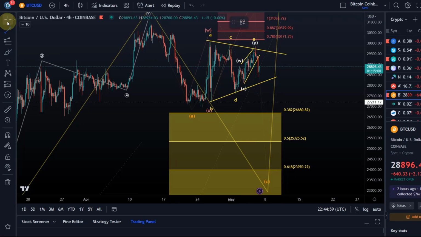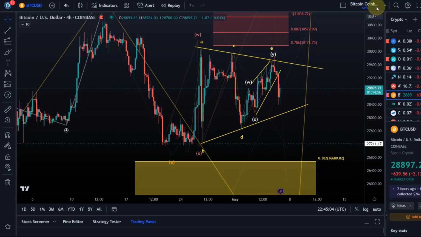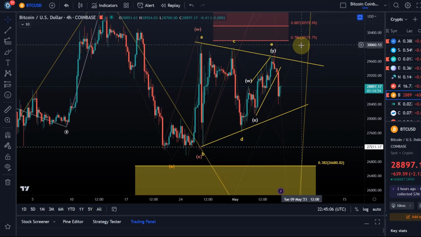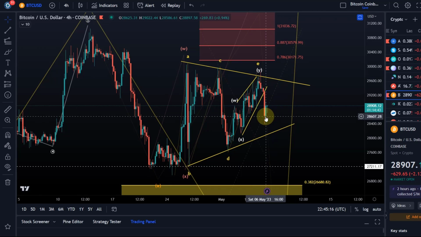But it's nothing new. We've been talking about that for more than a week now, and so far it has guided as well. The triangle is not invalidated or anything. It reacted very nicely to the trend line again, highlighted that earlier today, and then we have come down since then. And also any reaction to the upside is not bullish enough yet to indicate that an overall low has been made. Two possibilities now here.